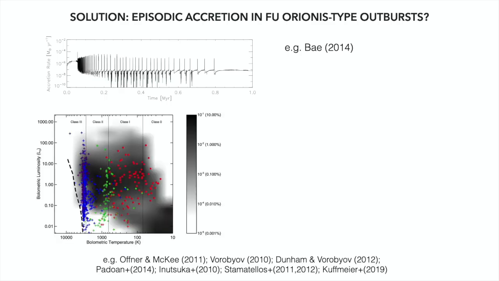But basically, if you take a model and you take an accretion rate, most of the time it's at 10 to the minus 8, so you accrete in this kind of low state, but occasionally you have a burst and you eat a lot of material. Whatever you think the duty cycle is, it might be some few big ones or lots of big ones, but the key thing is that most of the time you need to be in this low state, so that at any given moment, if you observe your cloud, you're going to find low luminosity objects. Make sense?